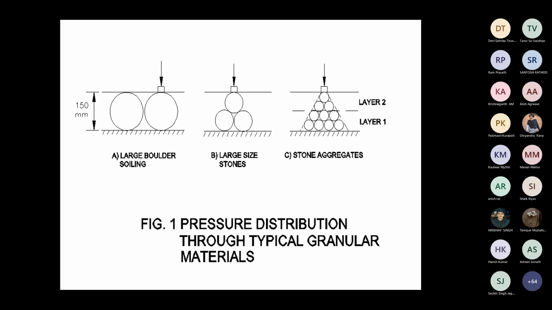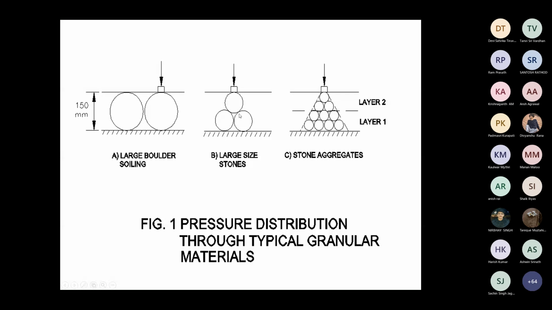Smaller, because there will be more grain to grain load transfer. So one thing is, with bigger aggregate, as in this figure, if you apply a load over this boulder and it breaks, your entire layer will collapse. And for larger aggregate, the void space is also very high.